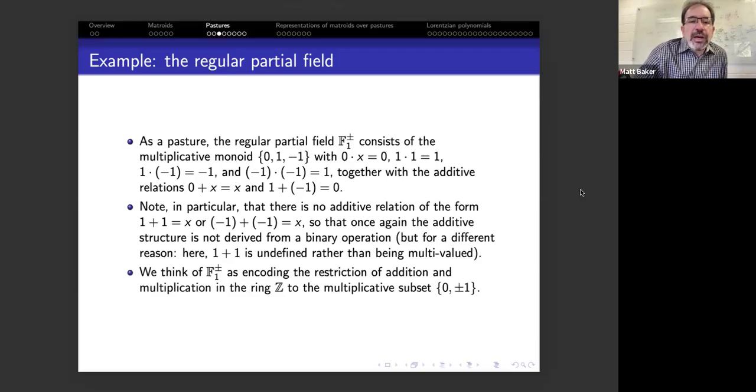And anyway, how should you think of this? All right, ignore the F1 notation. I don't really want to get into the motivation for that. But the idea is that you're restricting arithmetic in the ring Z to a multiplicative subset, 0, 1, and -1. And since 1 plus 1 leaves that subset, it's simply undefined.